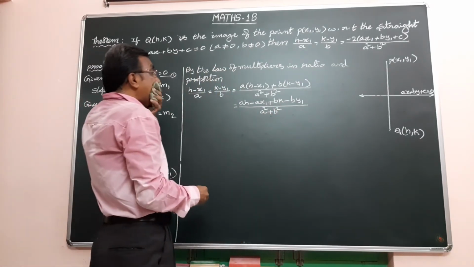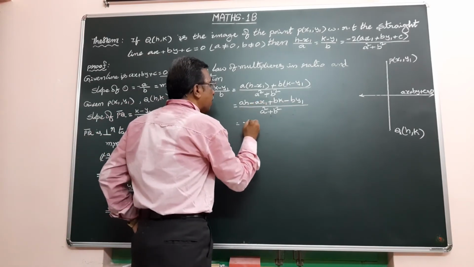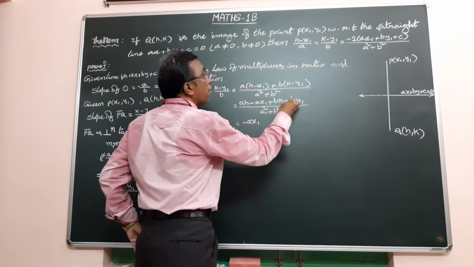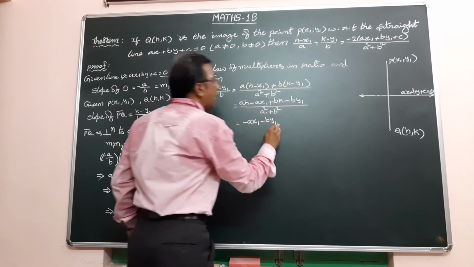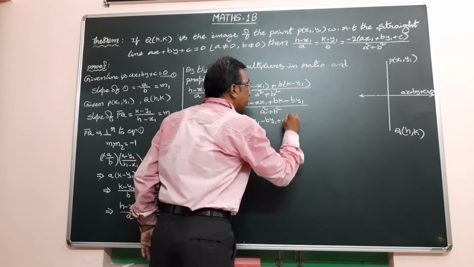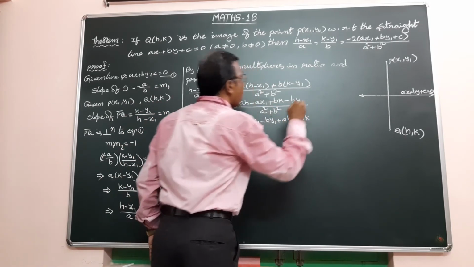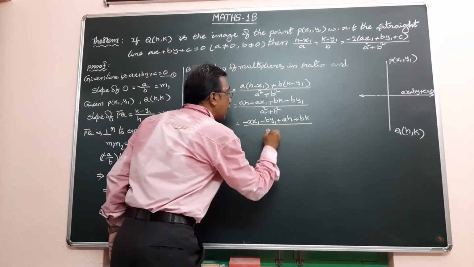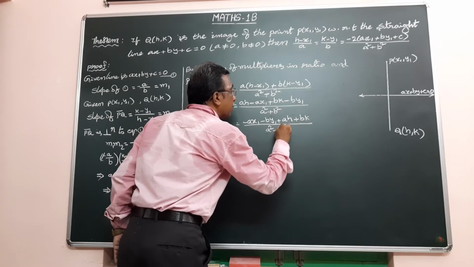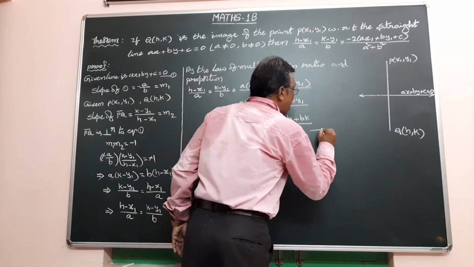First of all, I write x and y terms: minus ax1, minus by1, plus ah, plus bk, by a square plus b square. This is equation 2.